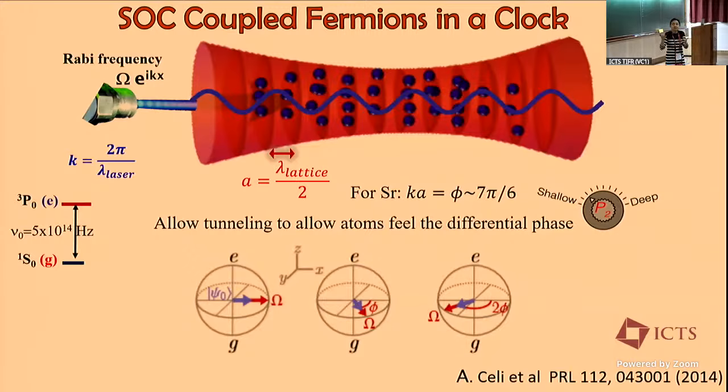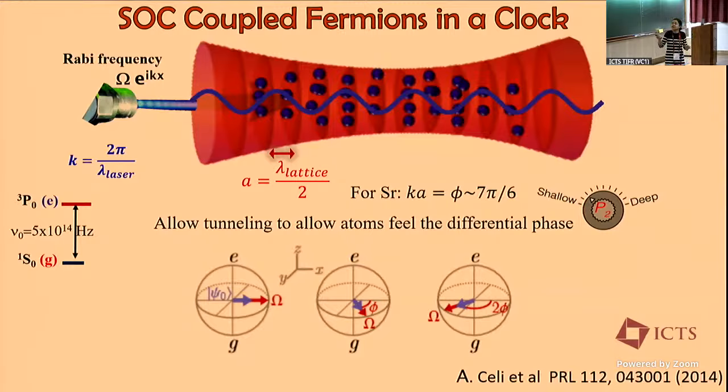What does that mean? That the phase of the laser clock changes significantly from one lattice site to the other. This means that when I interrogate my atoms, they're going to rotate and behave differently if I go from one lattice site to the next.